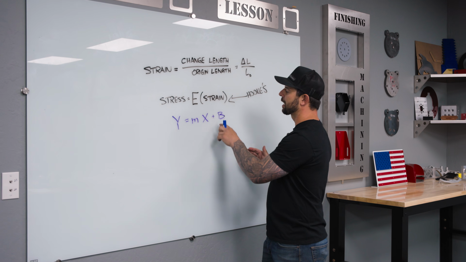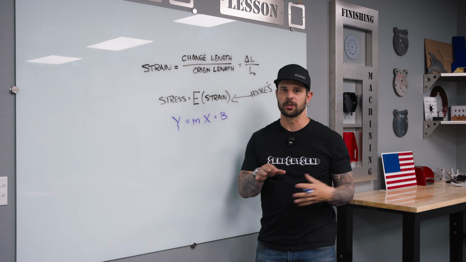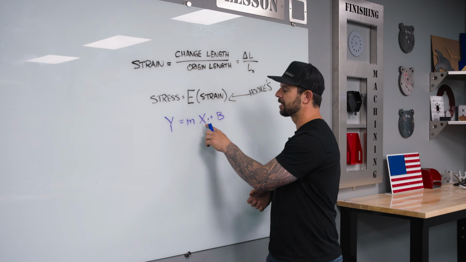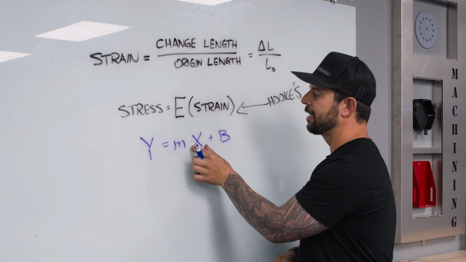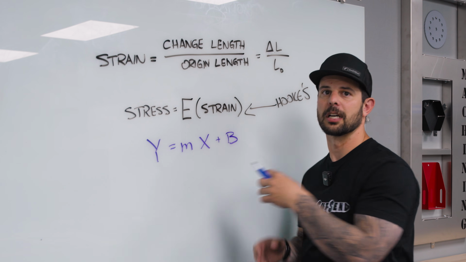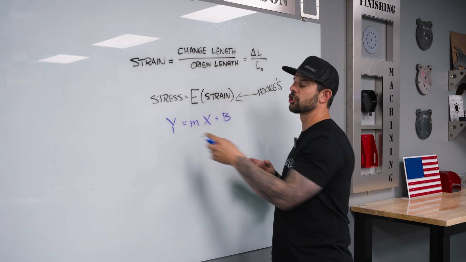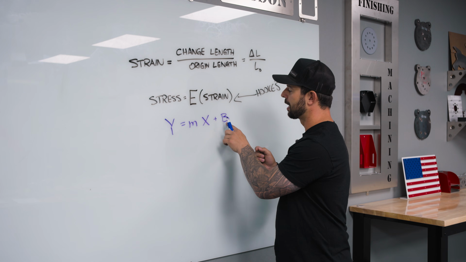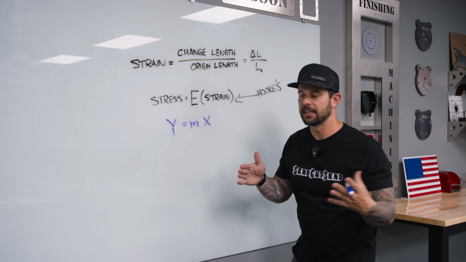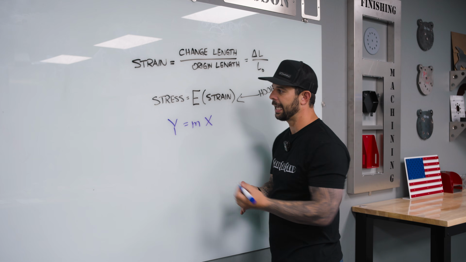And if we remember back, B is our y-intercept. And the way that we figure that out is we set our x to 0. If we set our strain to 0, which we're going to talk about here in a second, we end up seeing that our stress is also 0, which means that B can just go away. Simplifying that equation, we can actually just plug in what's above.